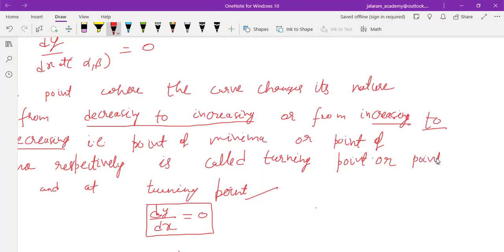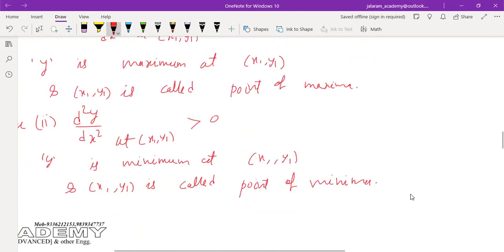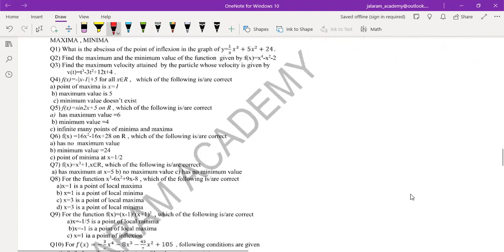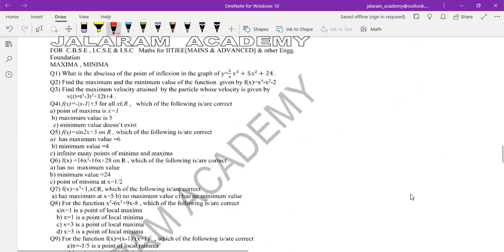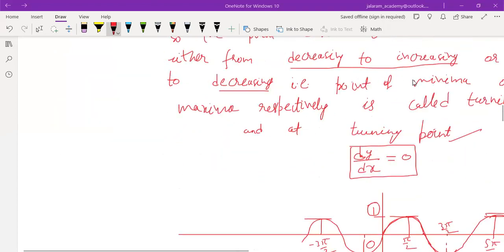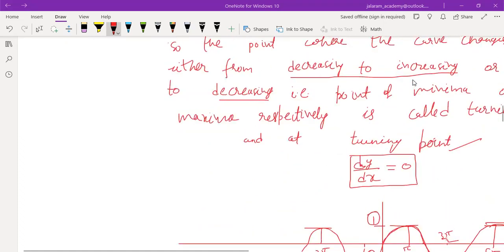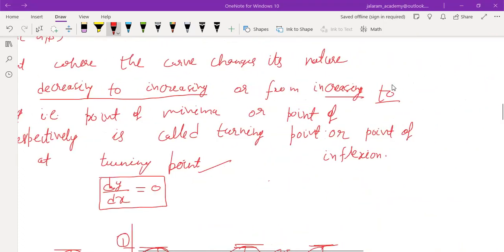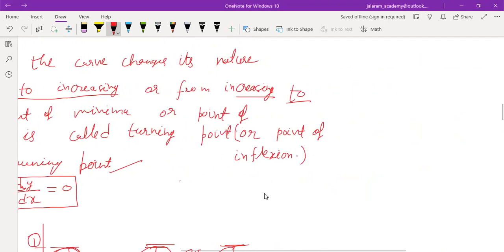Point of inflection. Written, everyone? And when is it called the point of inflection? This we have written, that sometimes it is the point of inflection also.